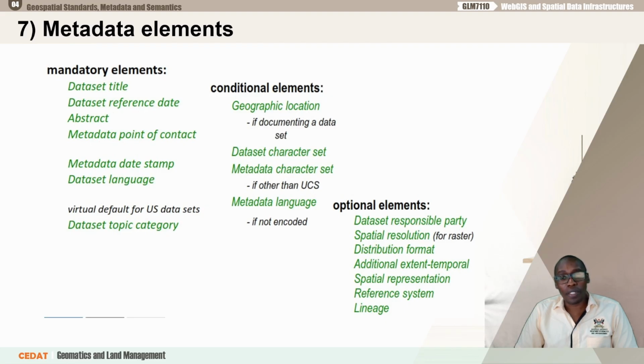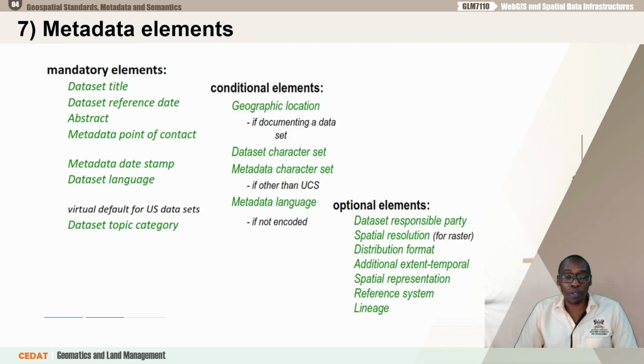Then the optional elements include the dataset responsible party, who is responsible for the dataset, and then also the spatial resolution, that's in case you're dealing with raster data, the distribution format, the additional extent, that's basically spatially and in a temporal way.